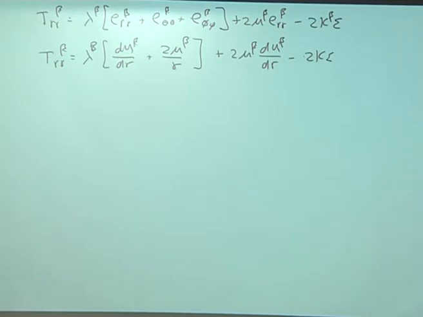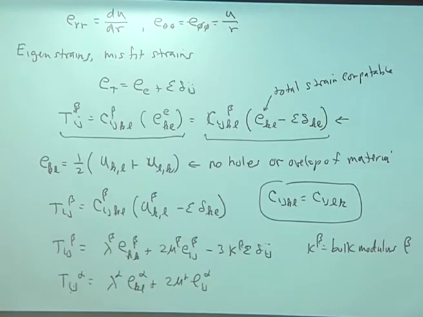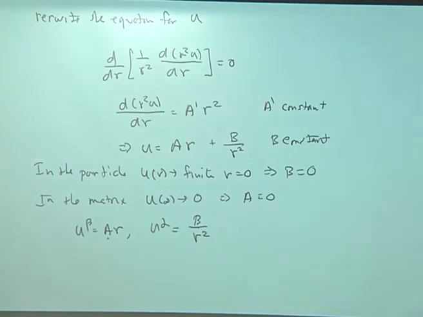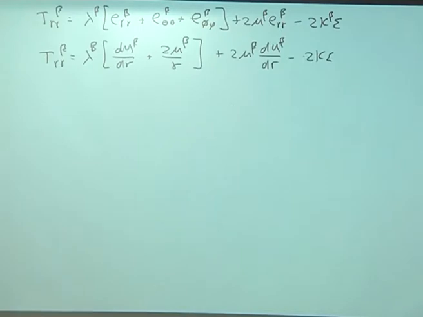And so now what you can do is just go back. Now it becomes kind of simple. So now we know what the displacement field is in the beta phase. It's just A times R. And so you just substitute that in. It's going to look like A times R, so the derivative of that's just A, plus A times R, so the R's cancel.